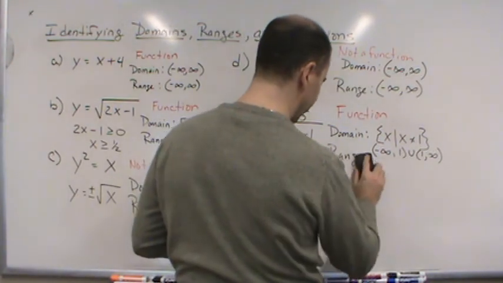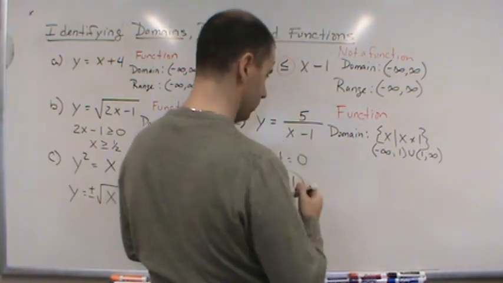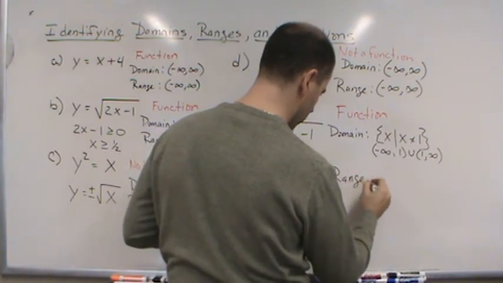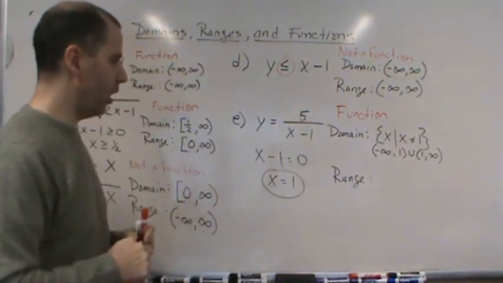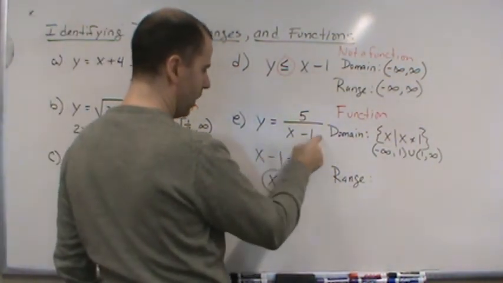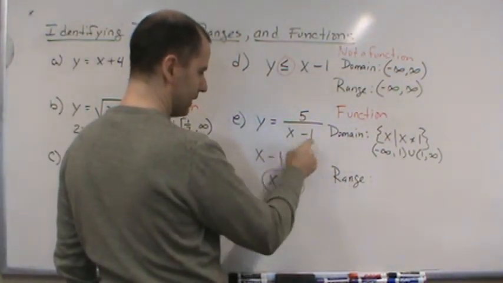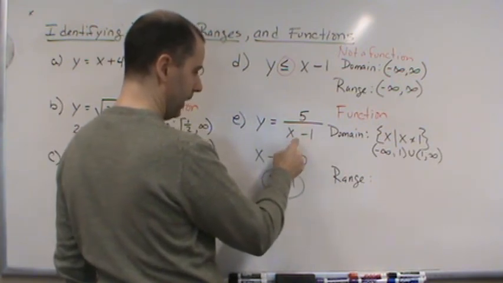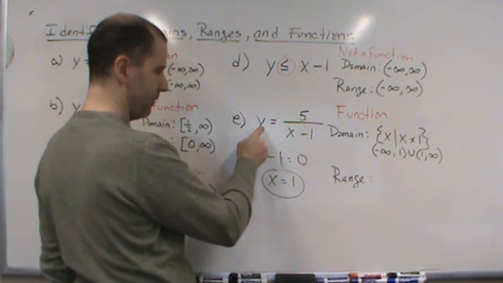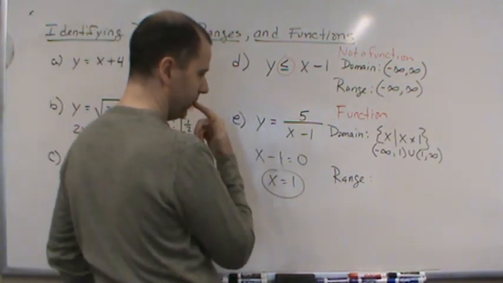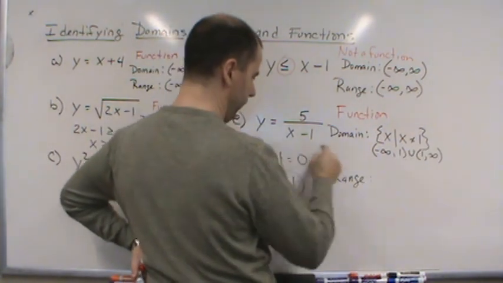Okay? Now, what about the range? So the range, again, is all the values that come out. As long as x is not 1, then I will get a corresponding y value. So let's think. Let's go from 1.